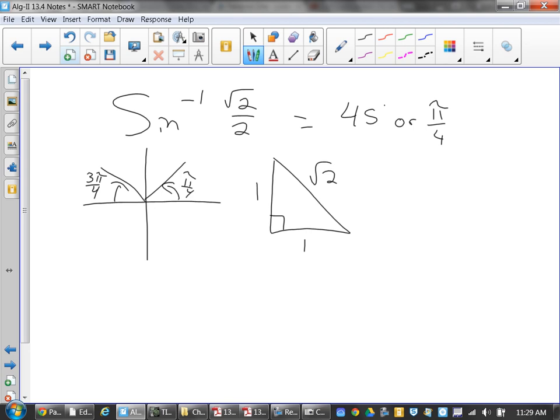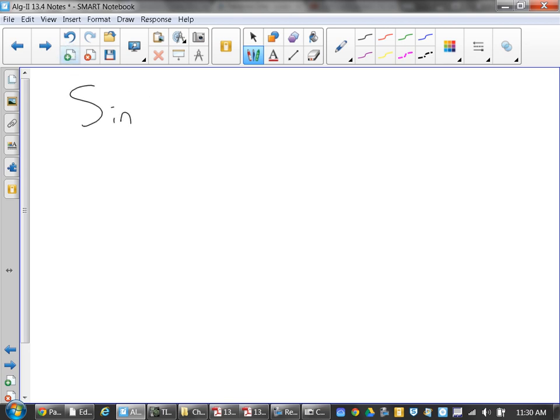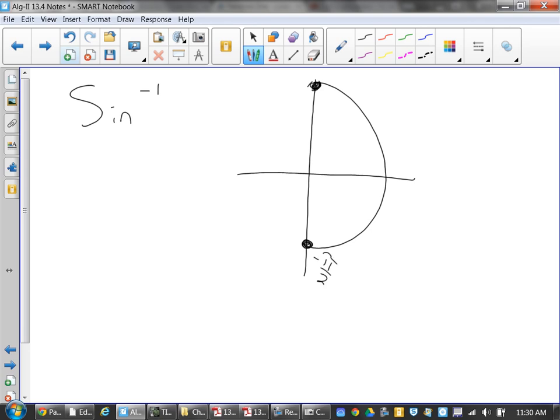Now here's what happens. There are going to be 3 scenarios for sine, cosine, and tangent for which quadrants you're going to be looking for your answers. For sine inverse problems, we're going to look at all of our sine values between pi/2 and negative pi/2.